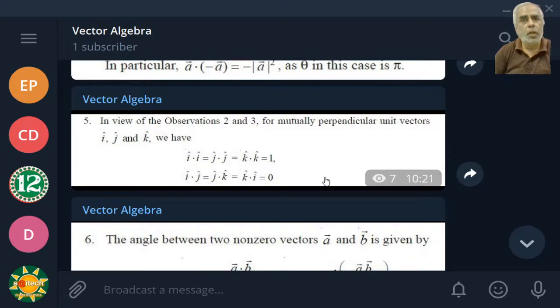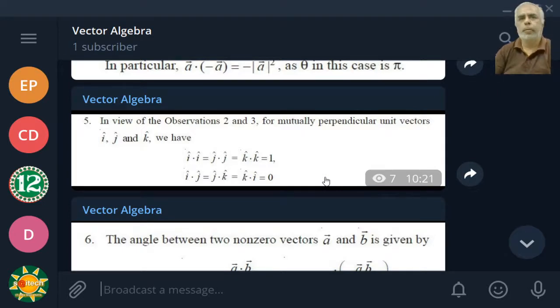But i cap dot j cap is equal to 0. Do you know why? Because they are perpendicular to each other. Is it not? So cos 90 is equal to 0. So the resultant is 0. That's simple. Okay. So i dot j, or j dot k, or k cap dot i cap, that is equal to 0.